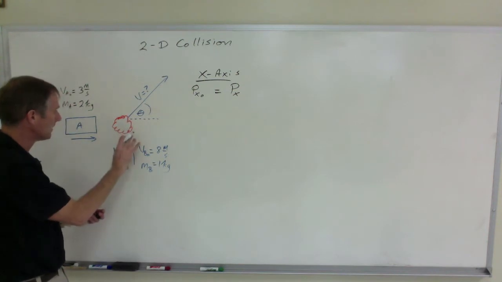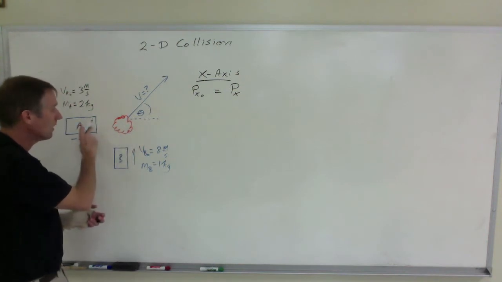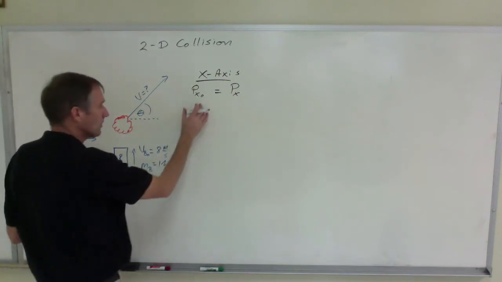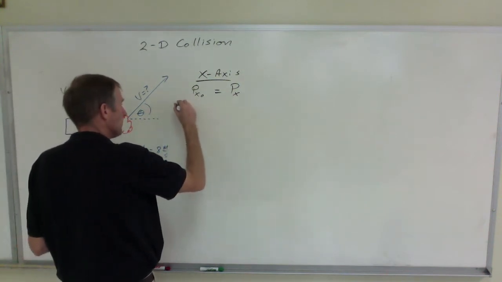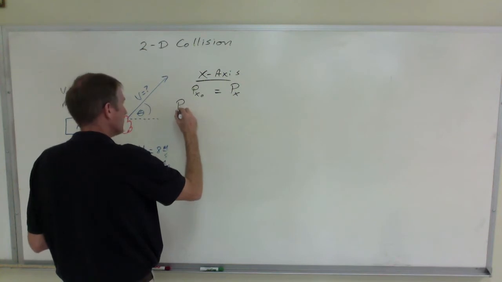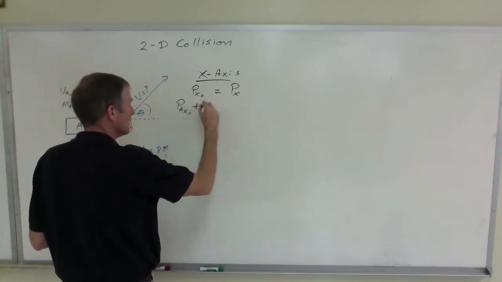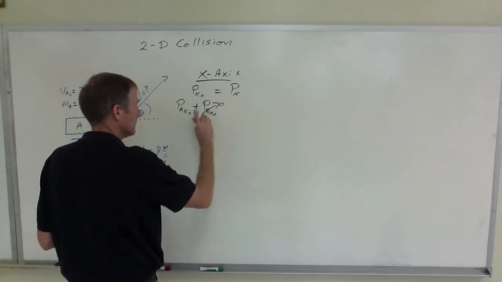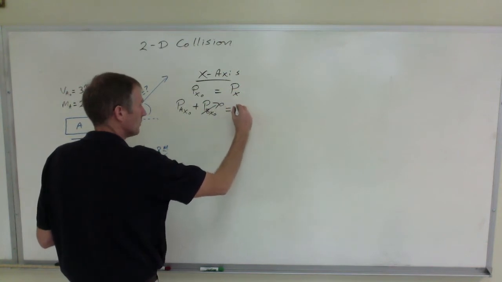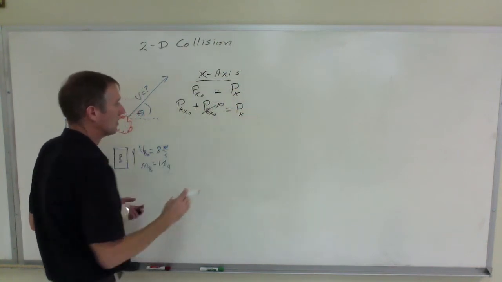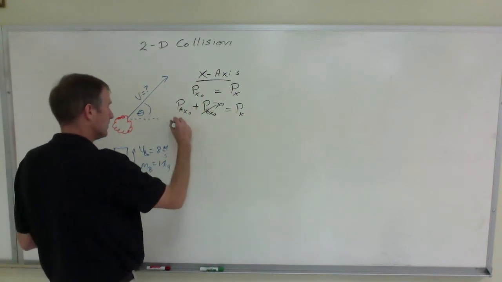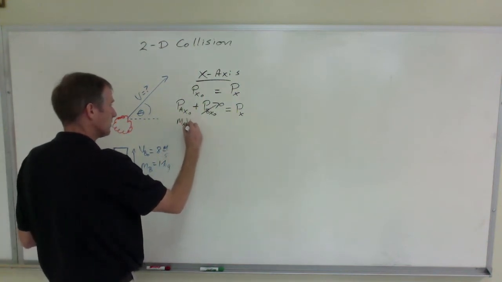The way that I designed the problem, it's all coming from object A, because object B is solely in the y-axis. So this is going to be P_Ax naught plus P_Bx naught, which there is none, equals the x component of the momentum after the collision. And this is the mass of A times its initial velocity.